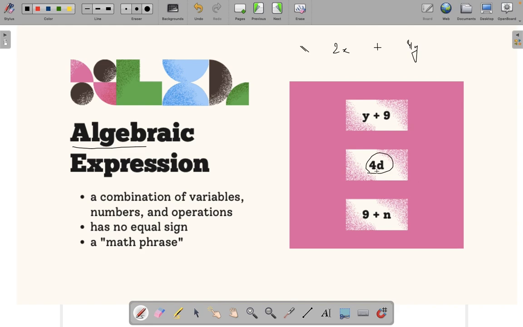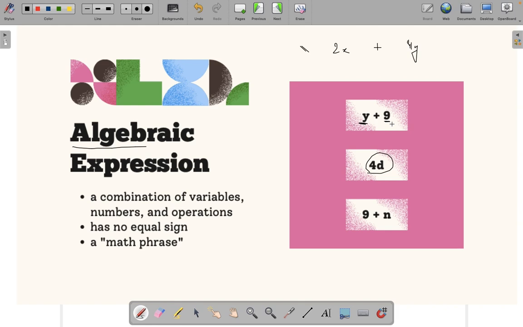This is also an algebraic expression because it is just a single term. So it can be one or more than one term. This y is a variable and 9 is a constant. Since it is a variable, it is also a term, and the constant is also a term. If you add both of them, you are combining two or more terms.